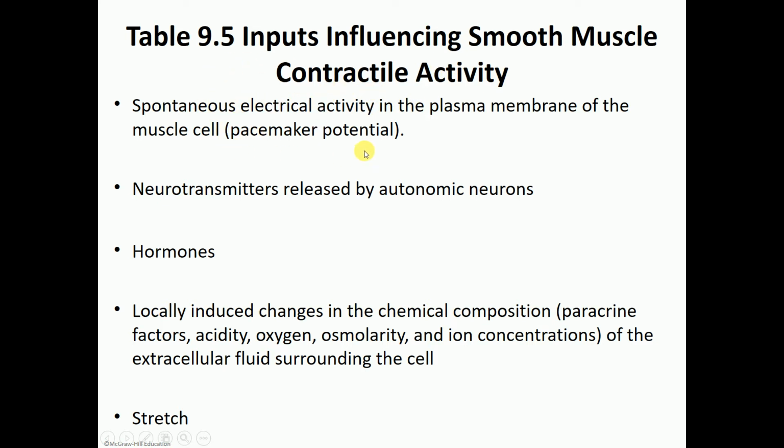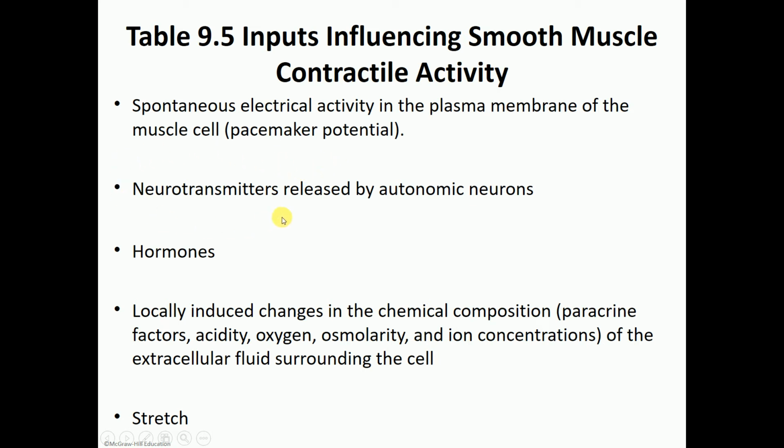They have a pacemaker potential, which means they kind of have their own local batteries that can produce energy on their plasma membranes, and that allows for local activity to be in sync. So those very perfect peristaltic waves that happen in the small intestine are usually due to these pacemakers that are found within the intestine.